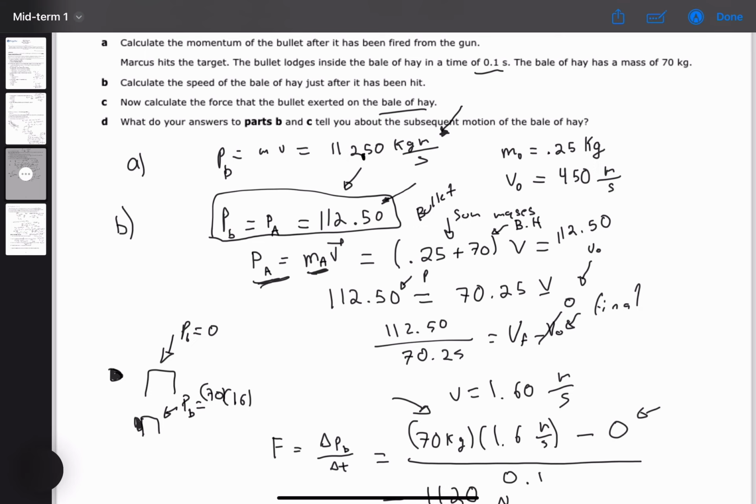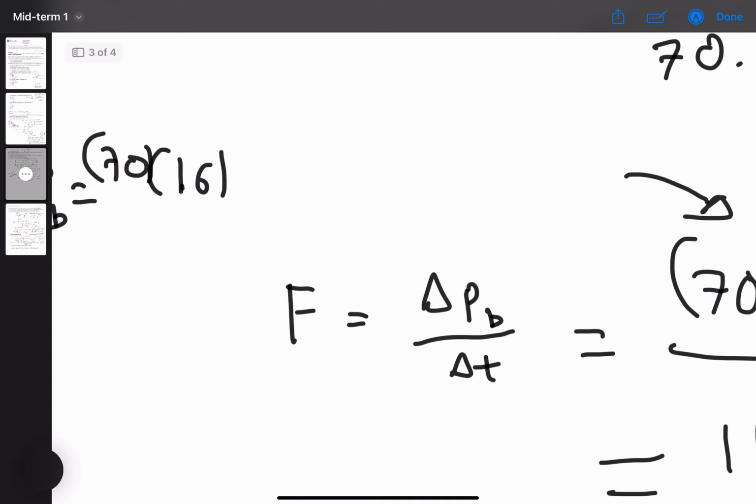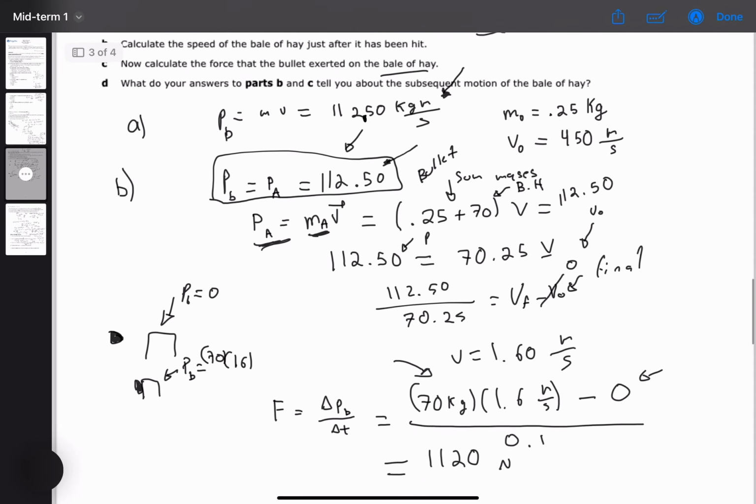Letter C. Now calculate the force that the bullet exerted on the bale of hay. For letter C, you must remember Newton's second law in terms of momentum, which relates delta P over delta T. In this case, we want to identify the change in momentum over the time.